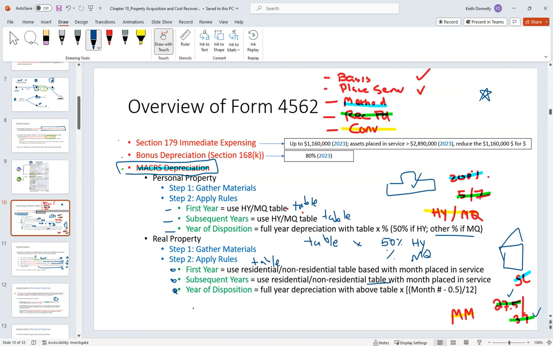And then in the year of sale, it's the table, the full amount for the year, times the month number when you sold it, minus 0.5, because we're only giving you half of it, divided by 12. So in our example, you only get 2.5 months out of 12.